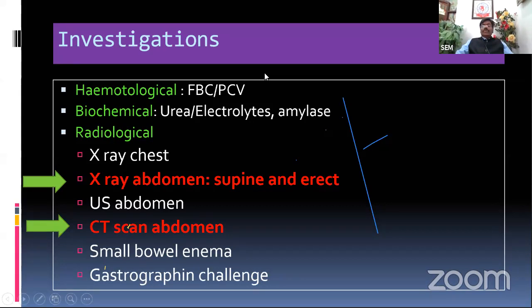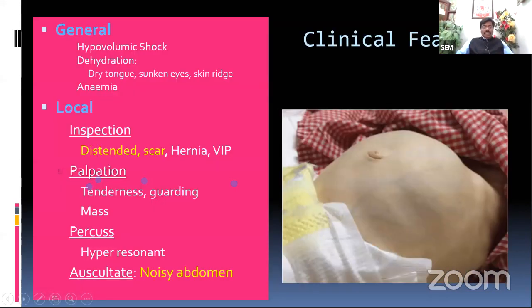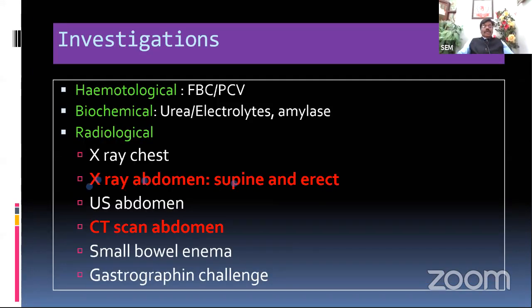Let me just see how to do it. Right, let's carry on. Let's move on to the investigation.